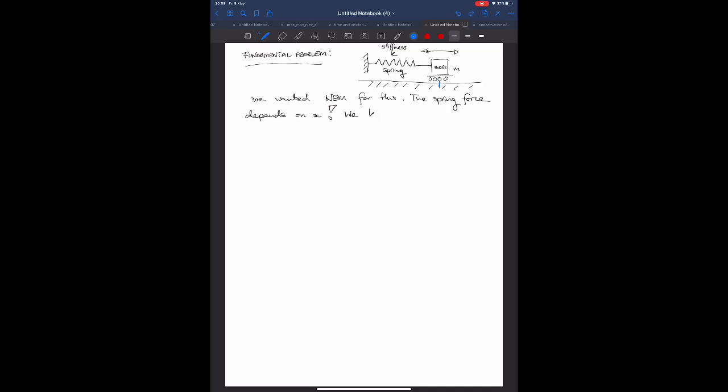I have an initial starting point for the mass, my reference system, and I'm just drawing this in red. So I have x, I have O. Positive x is the displacement: positive displacement points to the right. Negative displacement corresponds to movement to the left of O, or a position to the left of O.